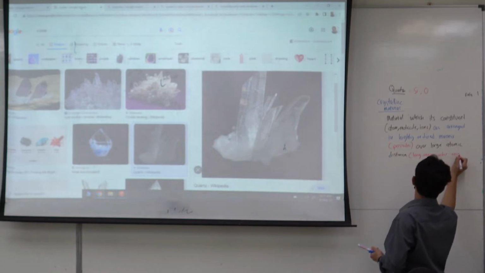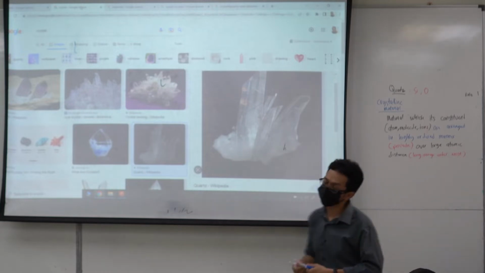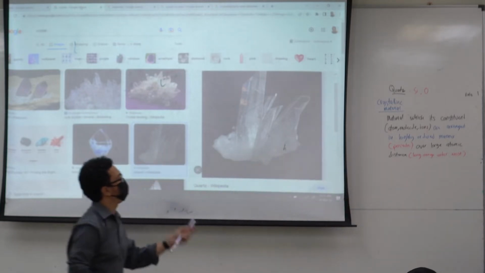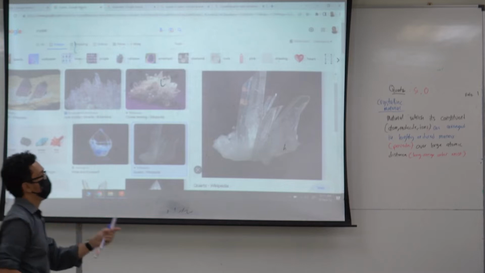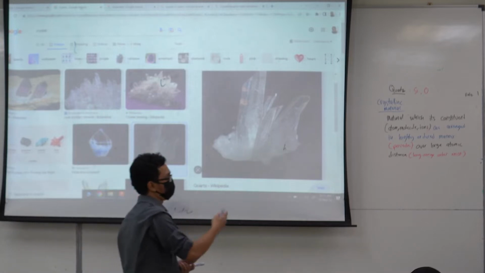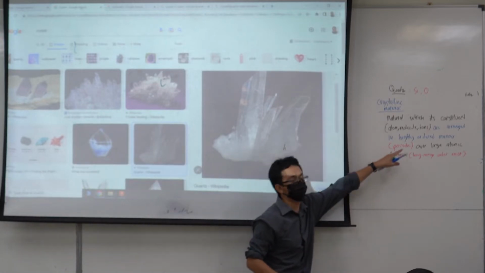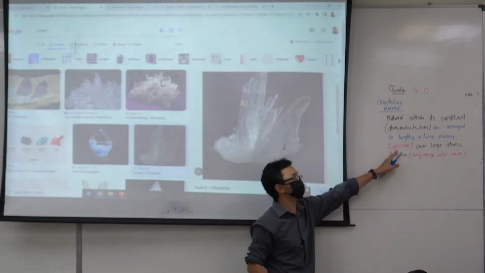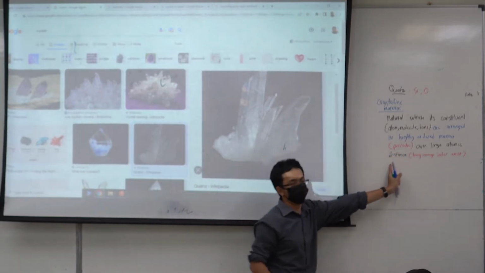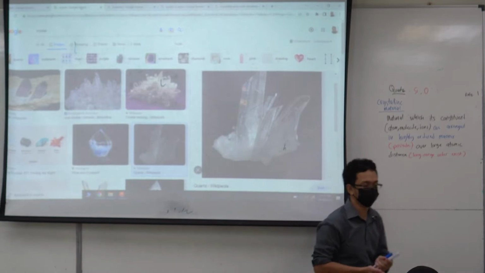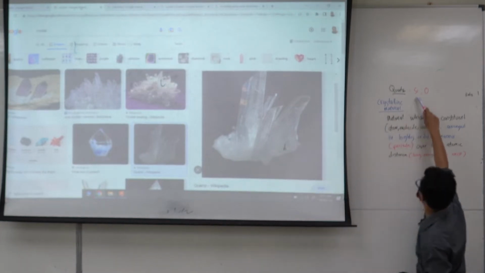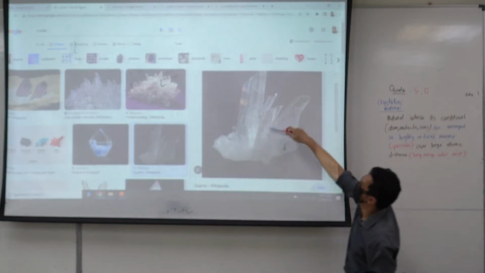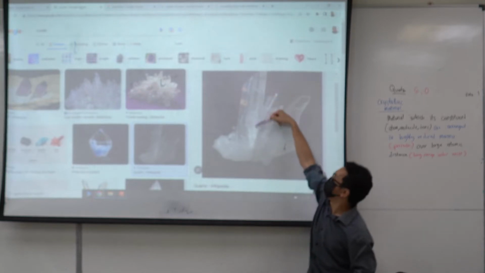This is the definition of crystalline material: a material whose constituents, whether atom, molecule, or ions, are arranged in a highly ordered manner. We call it periodic, over large atomic distance, or in other words, long range order exists. So this silicon and oxygen are periodically arranged inside this thing.